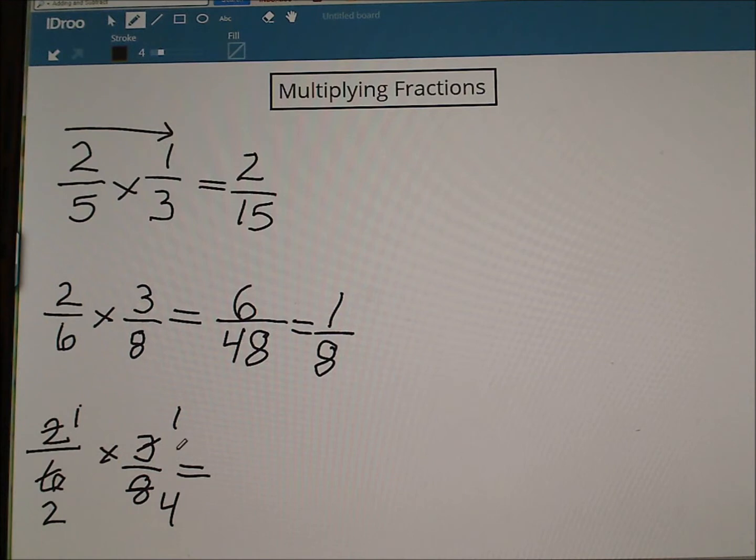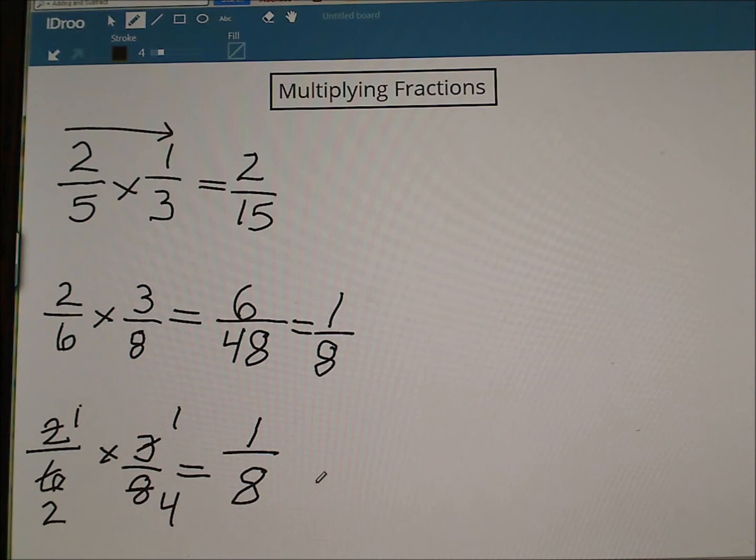So for the numerators, I will multiply 1 times 1, which is 1. And then I will multiply 2 times 4, which is 8. So notice I got the same answer, even though I did my reducing before I did my multiplication.